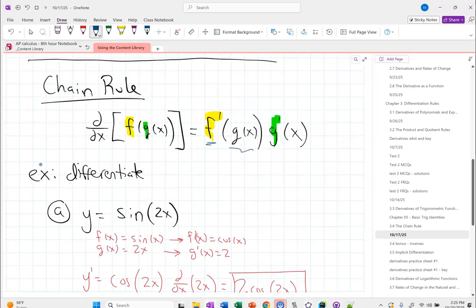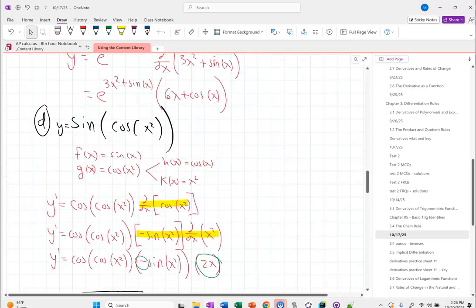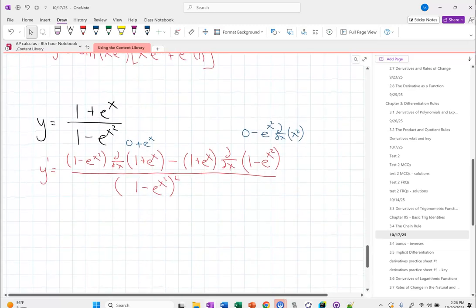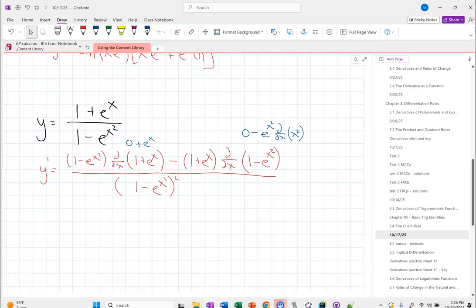It's the derivative of the outside with the inside plugged in, times the derivative of the inside, which is what we had here. That's the derivative of the outside, e to the x, with the inside, the x squared, plugged back. You see it? Okay. And then if I do that, I have negative e to the x squared times 2x.